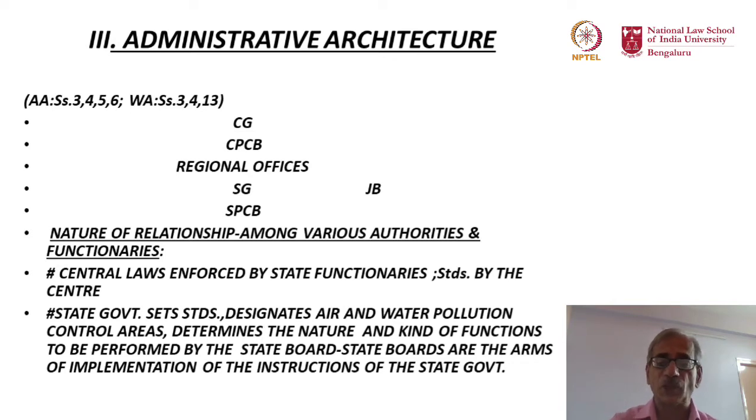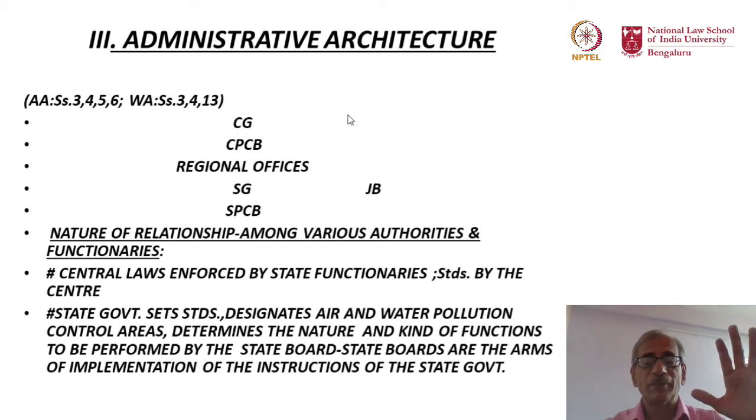For example, at the top in this slide, you have Air Act sections 3, 4, 5, and 6. So all these are covered. Under Water Act, sections 3, 4, and 13. All these provisions are discussed here in the administrative architecture part of our discussion on the pollution control regime.